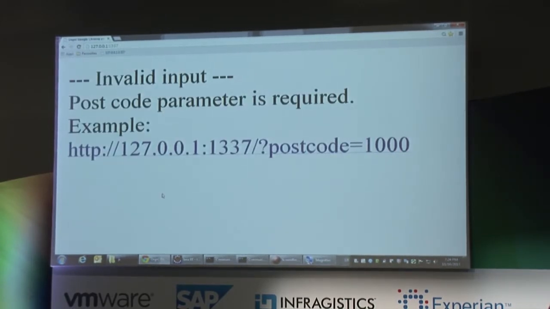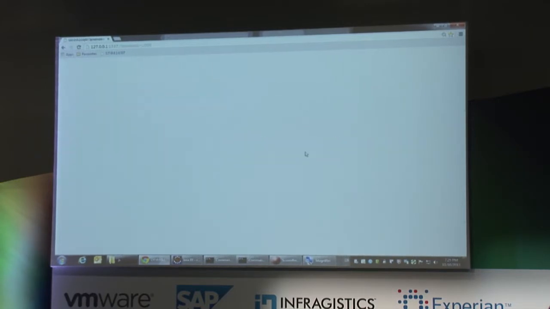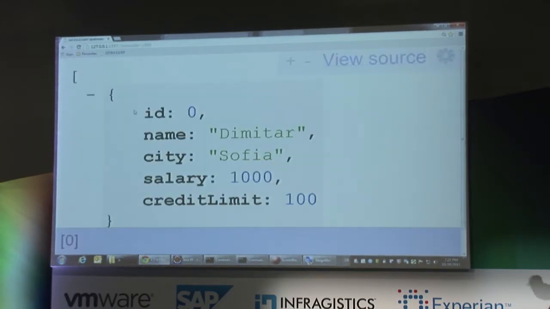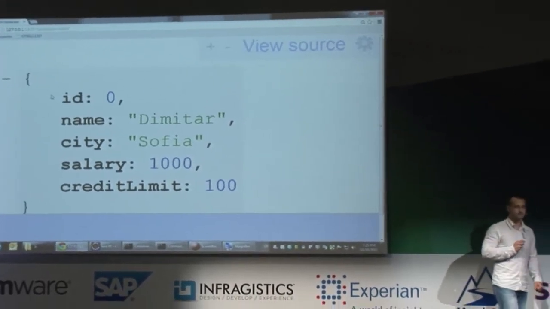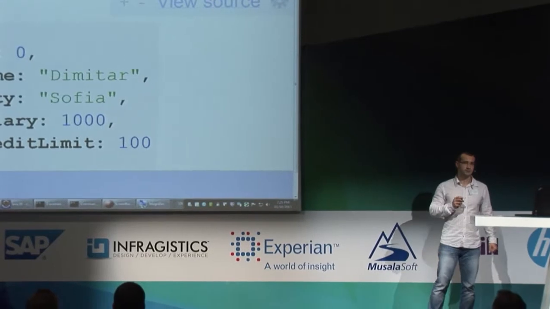Because my service wants a postcode, it gives me invalid input. So I'm going to run it with postcode 1000, which is the city Sofia. And it gives me the output. This is the output from the database, but modified with new fields, which are inserted by our Node.js service.